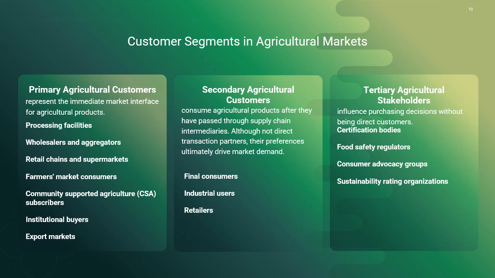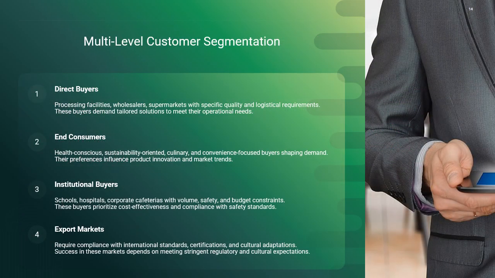Let's examine more closely how agricultural enterprises must understand and serve customers at different levels, each with distinct characteristics and requirements. Direct buyers include processing facilities, wholesalers, and supermarkets, each with specific quality and logistical requirements.